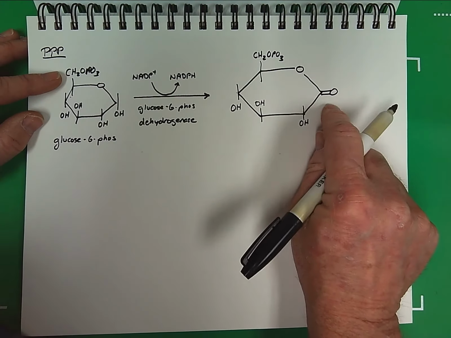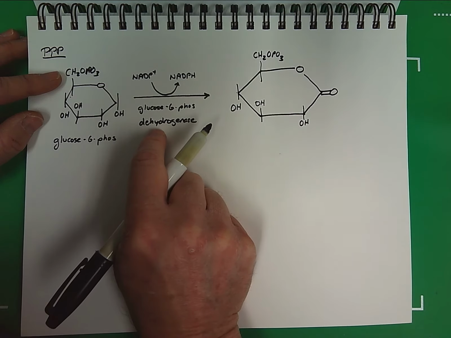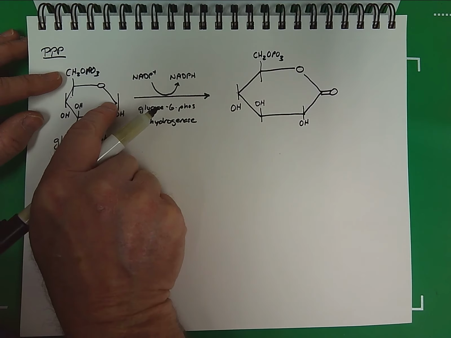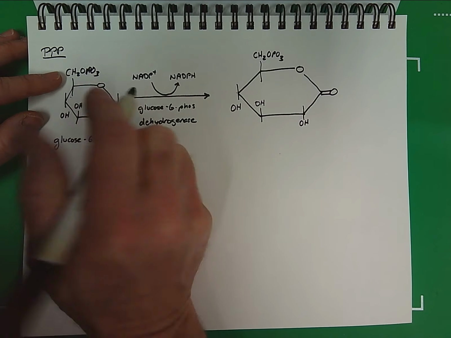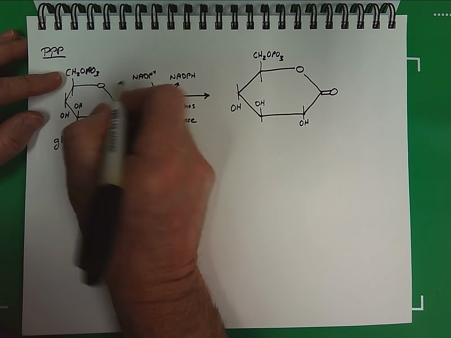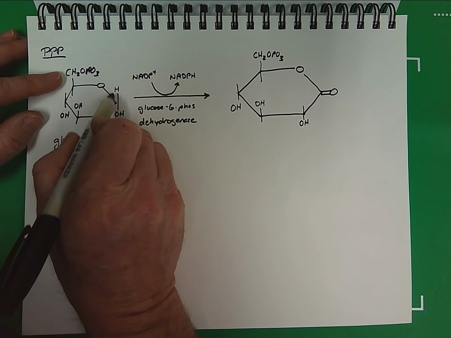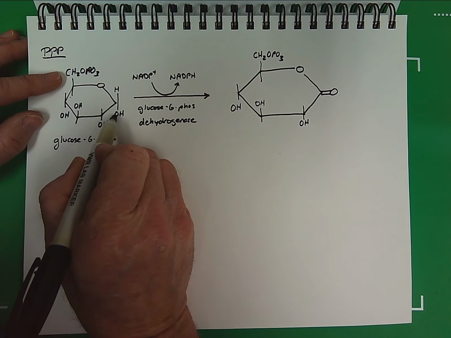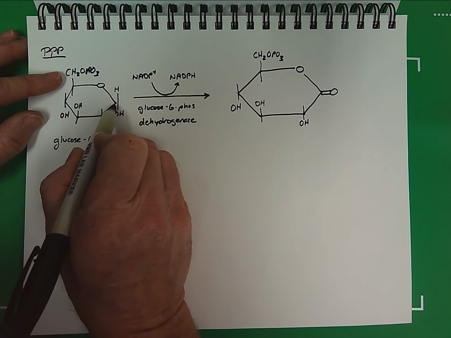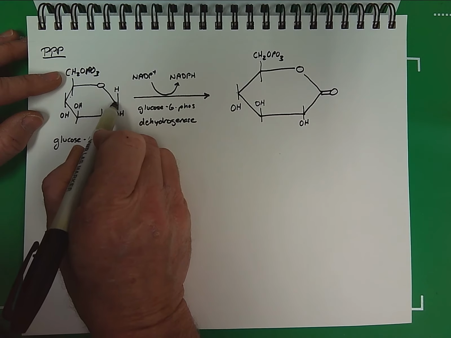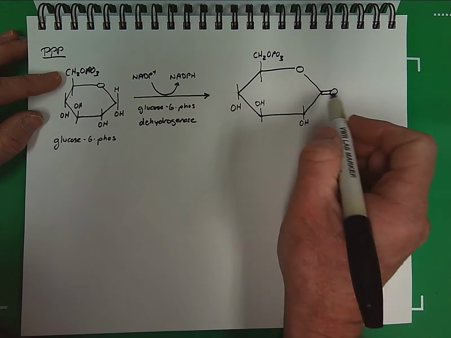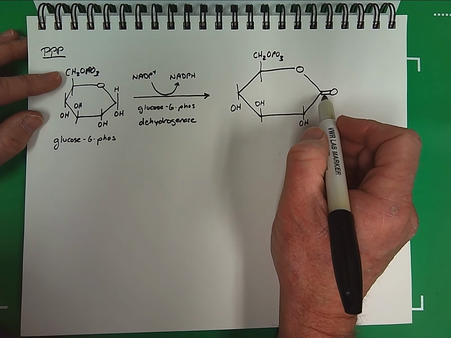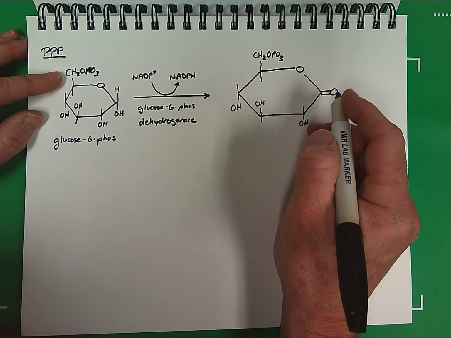Now recall that when we perform a redox reaction on a carbon with an alcohol, we are going to be taking the electrons associated with this hydrogen. The electrons that are associated between the oxygen and hydrogen will collapse down into a double bond between the number 1 carbon and the oxygen. So we are forming, again, a ketone structure.